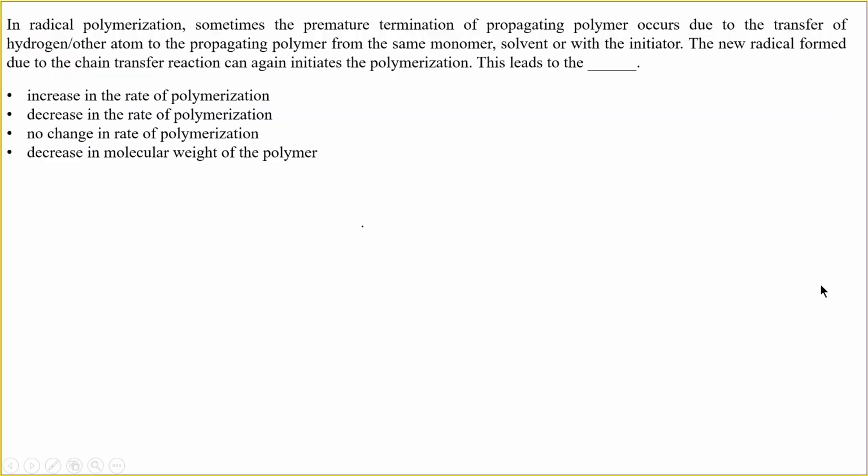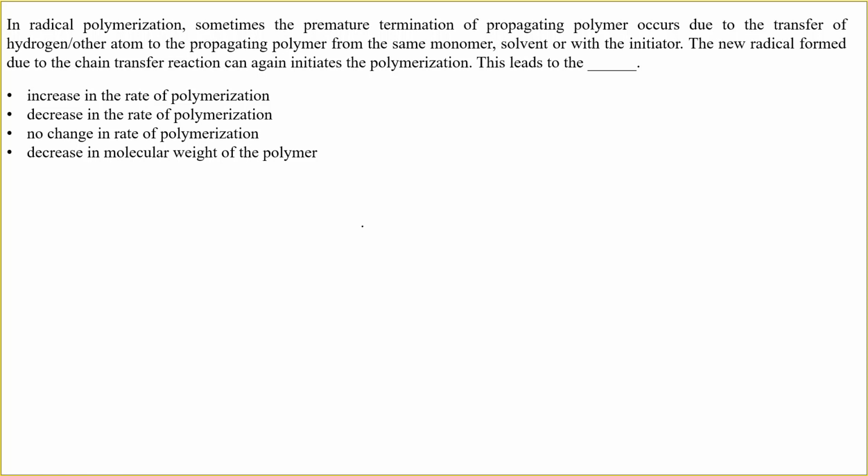So premature termination of the propagating polymer leads to a decrease in the molecular weight of the final product as compared to the theoretically determined value. So in radical polymerization, if premature termination occurs, the theoretical value of the molecular weight which was expected will not be achieved, and a lower value than the theoretical value will be formed in the product.